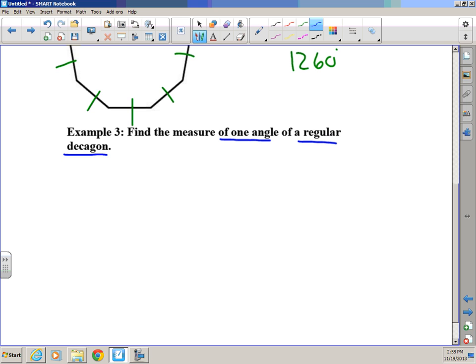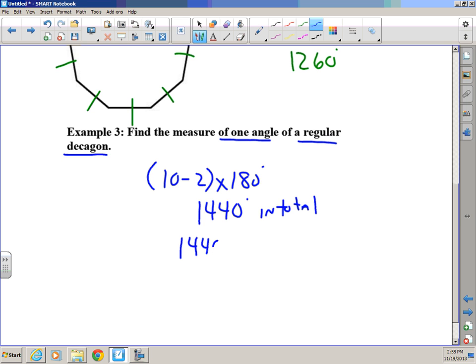To find one, I need to know what they are in total. Decagon, deca for decade, is 10 sides. So I know that in total I'm going to have 1,440 degrees. But I want one angle. Since it's a regular decagon, all 10 angles are going to be equal in measure, so each one is 144 degrees.